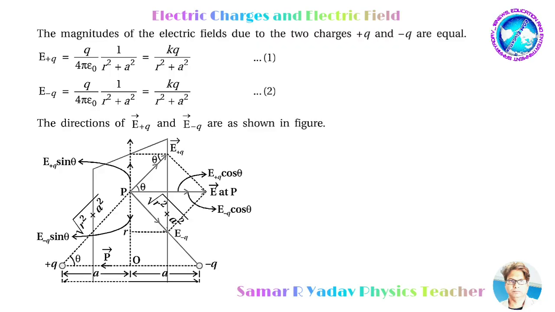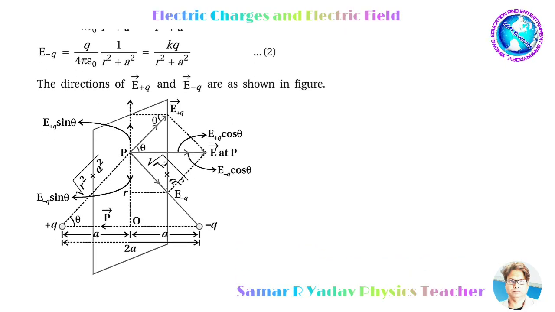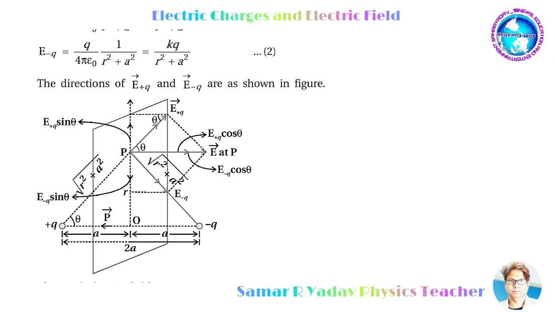The directions of vector E plus q and vector E minus q are shown in the figure. You can see in the figure the two charges plus q and minus q at a distance of 2a, and point P at distance r from the midpoint of both the charges, that is O. The distance between P and plus q, and between P and minus q, is under root r square plus a square.